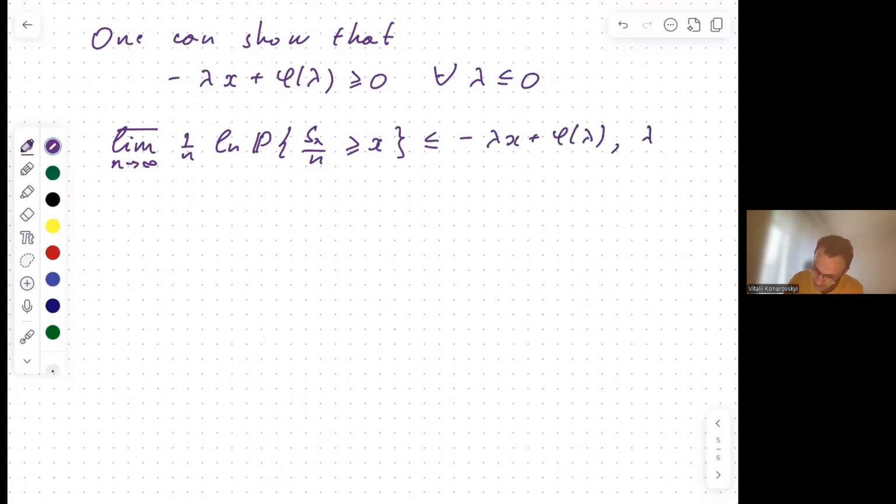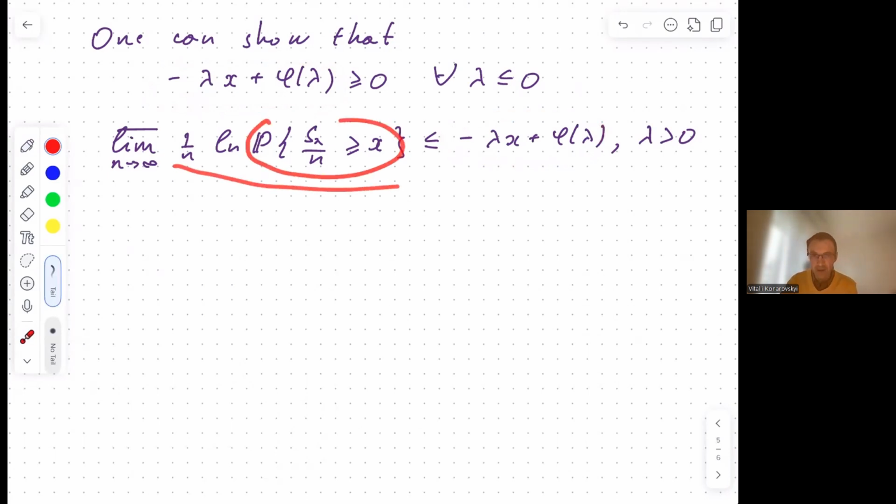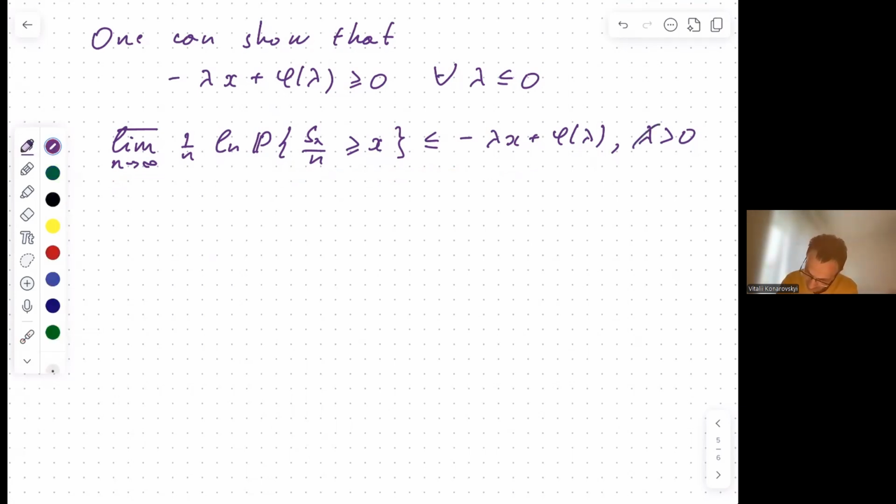We got that for lambda positive, but taking into account that this expression is non-negative for negative lambda or 0, and the probability is between 0 and 1, the logarithm is non-positive, and the limit cannot be a positive number. Then the inequality is automatically true for every lambda, also for lambda negative. Therefore, this request we can remove, and we can write it for every lambda from R.